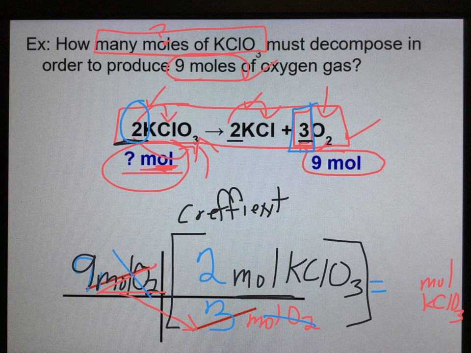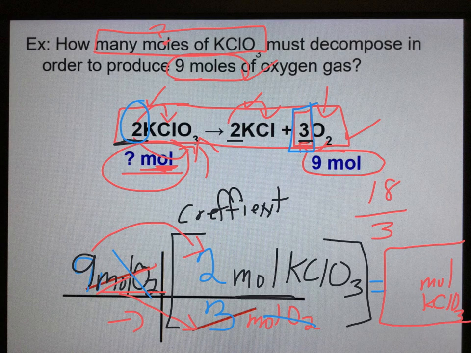Okay, now once you have all your numbers in there, everything on the top multiplies, so 9 times 2 is 18. Then whatever's at the bottom, you're going to divide. So 18 divided by 3. And this is going to give you your moles of KClO3.